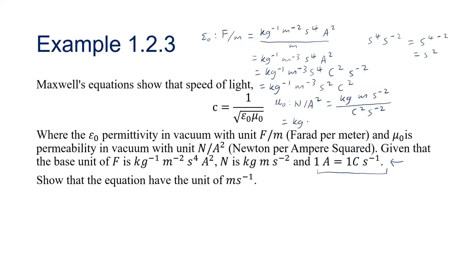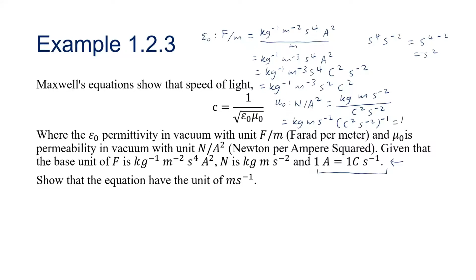So this is equal to kg m s to the negative 2, and this is C squared s to the negative 2, and the whole thing in the denominator we have to have a power of negative 1.